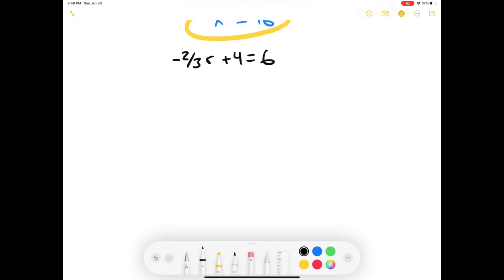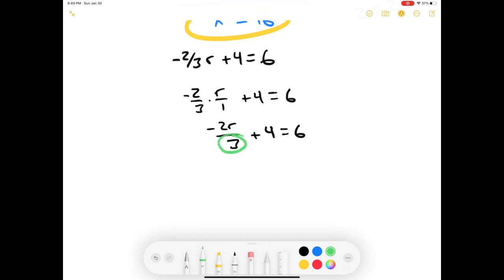So if I want to get rid of the fractions, I can eliminate them by multiplying the whole equation by the denominator. But to make it look a little better, I actually multiplied out negative 2/3 r. And what I get is negative 2r over 3 plus 4 equals 6.